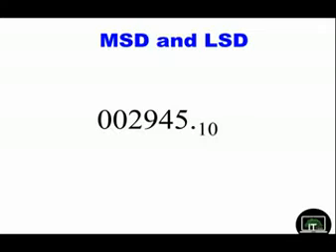What does MSD mean? MSD means, if it is a whole number, the digit which is far away on the left side of the decimal point. MSD is the non-zero value which is far away on the left side of the decimal point. In this case, that becomes 2. What is LSD?